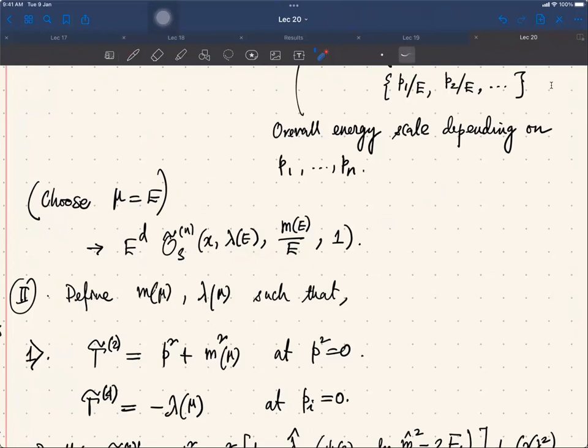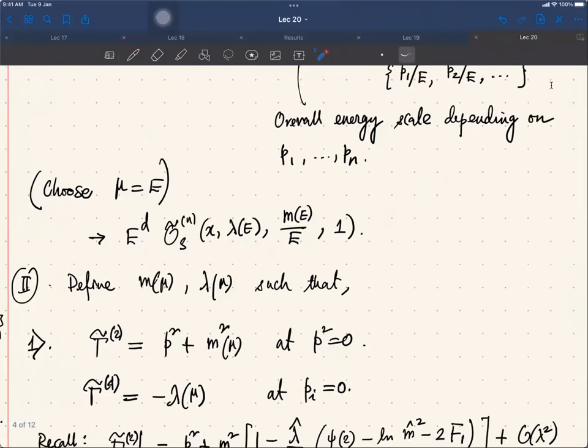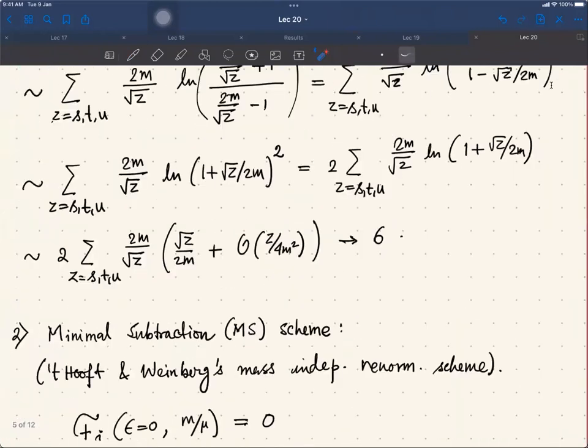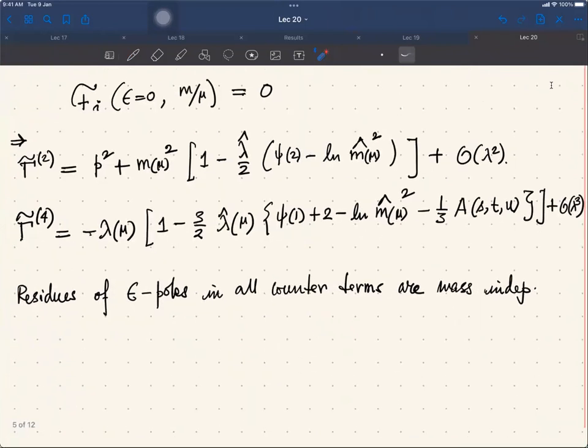That is what we're going to discuss now, and it is in that context that this particular scheme is very helpful. It simplifies the problem, and different schemes can be good for different purposes.